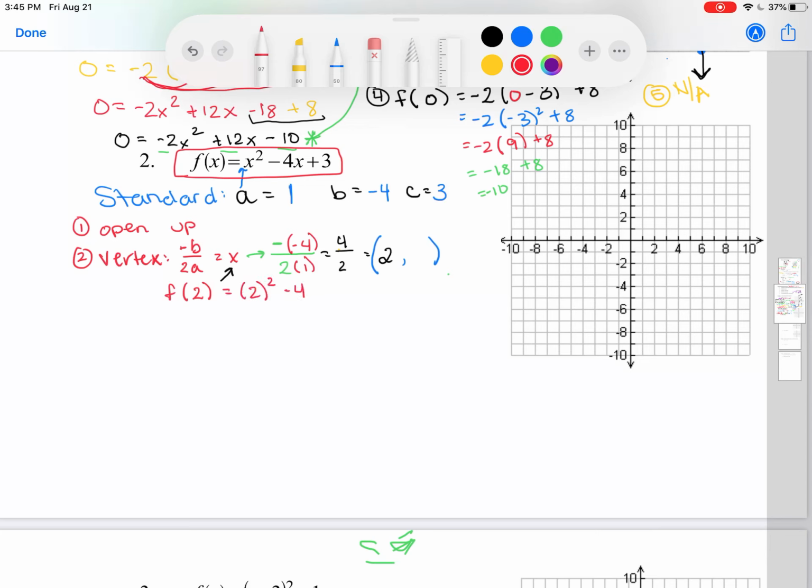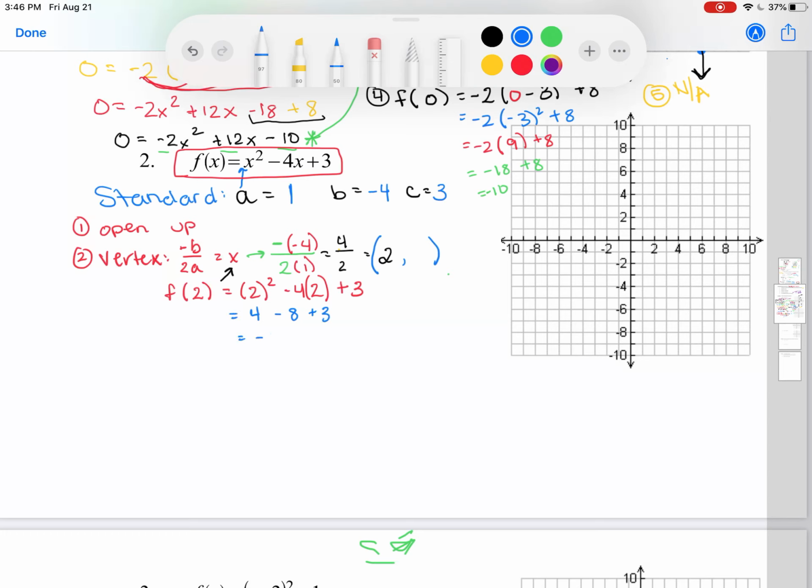and every time you plug something in, please use parentheses, because if you don't, you may look at this like 42. But it's not 42 because we know that we need to be multiplying. So a set of parentheses reminds us what's happening. Then I just simplify. 2 squared is 4. Negative 4 times 2 is minus 8 plus 3.